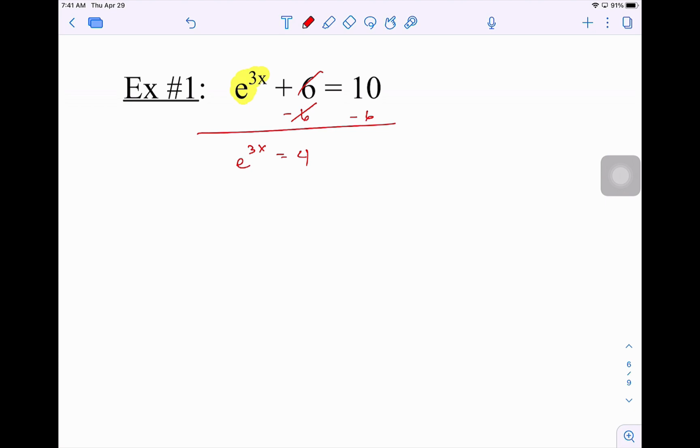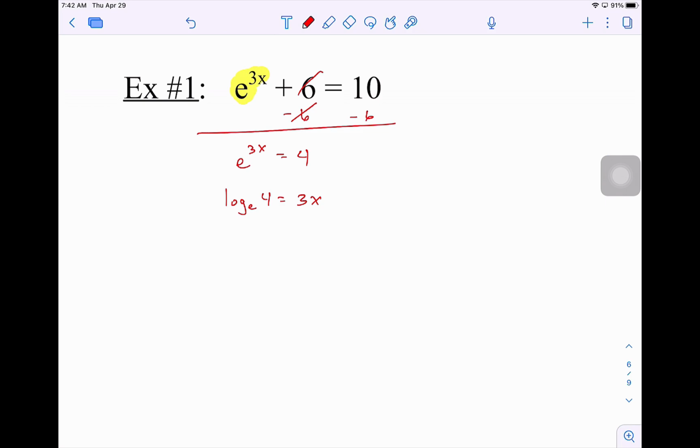So if I change that, this would be the log base e of 4 equal to 3x. If you change it into logarithmic form, that's one way that you could write it. And I'll actually show you a couple of options for this one again, just as a refresher. One of the things to remember, though, is that log base e is just what's called a natural log.